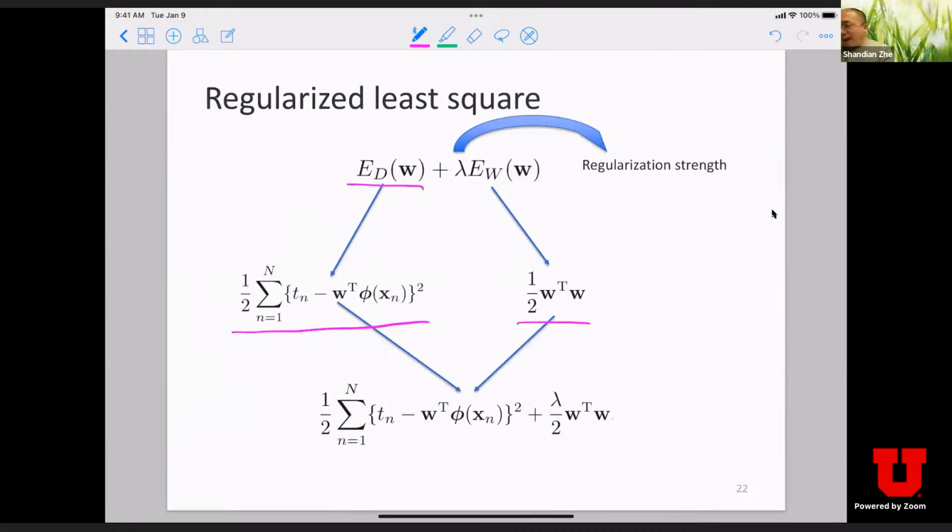I add to my loss the square norm of the weight, W transpose W. Because I want to minimize this, I want to fit the data as well as possible, but at the same time I don't want W to be too large. If W is too large, this part will increase, and overall it will increase the loss. So this gives us a penalty, or regularization, over the scale of the weights.